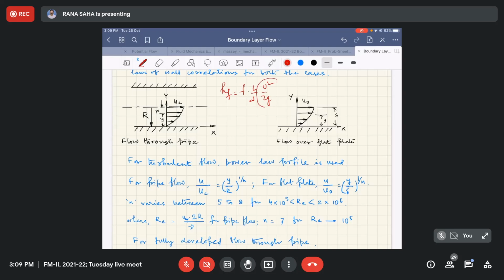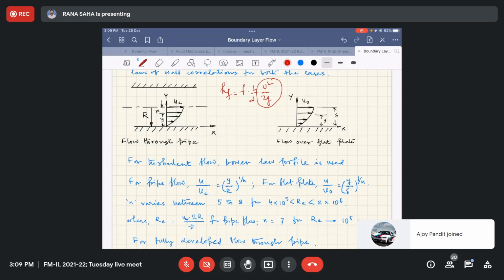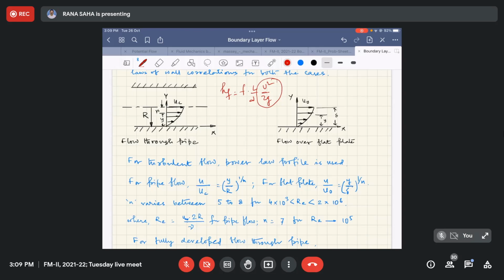This 2g is basically to give the equation a shape, where V square by 2g is in terms of head, isn't it? Right? Yes, sir. Okay, so that is the basis of Darcy's equation.